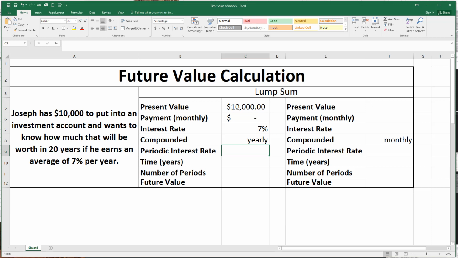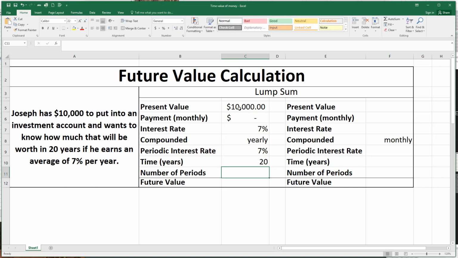I know that because in order to get the periodic interest rate, I take the annual rate and I divide it by how many periods there are in a year. Since in 1 year there's one yearly period, I divide 7 by 1, and that's just going to give me 7%. The time is, in my example, 20 years. I'll enter that here.